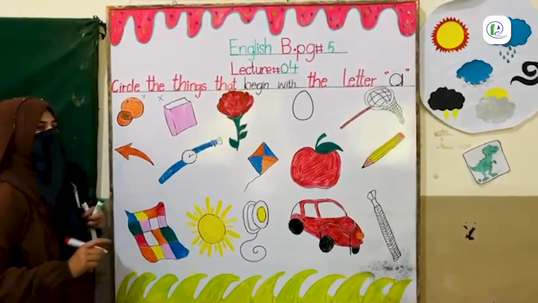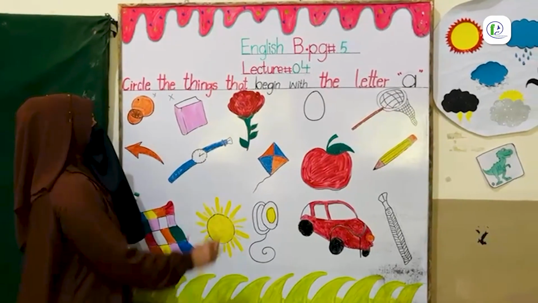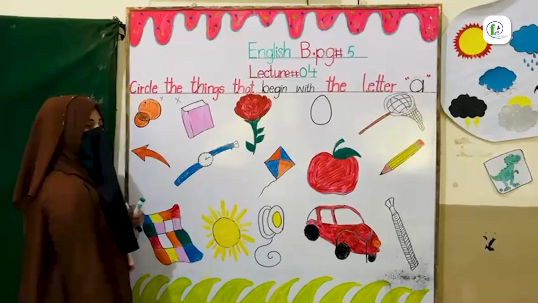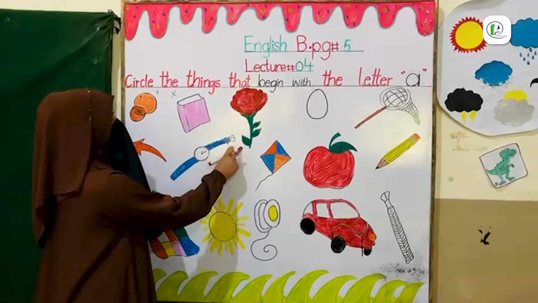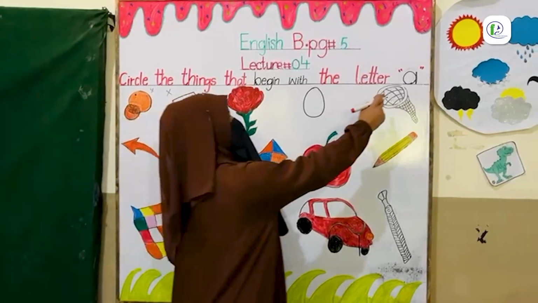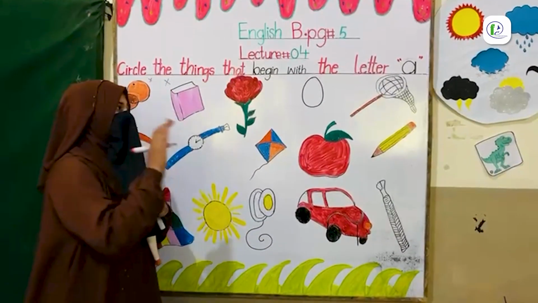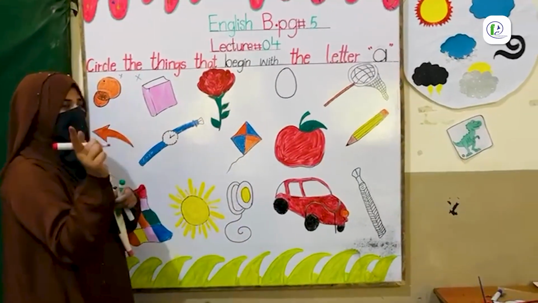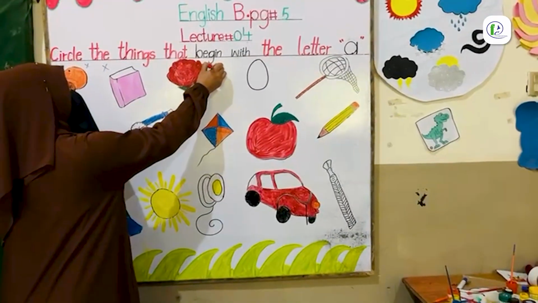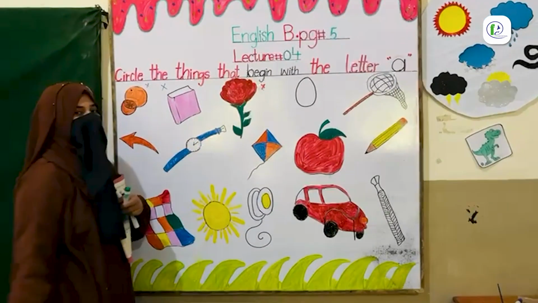Okay, look at this. What is it? It is a flower. We also say that it's a rose. Does it start with letter A? Think about it. No. So we wouldn't circle it.